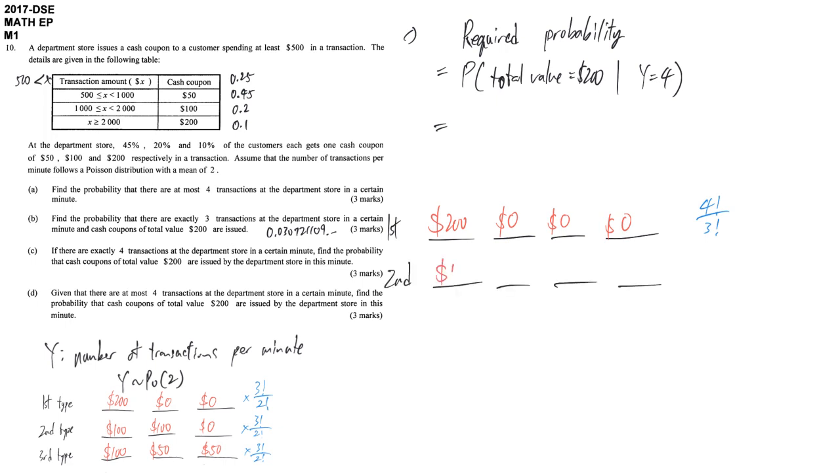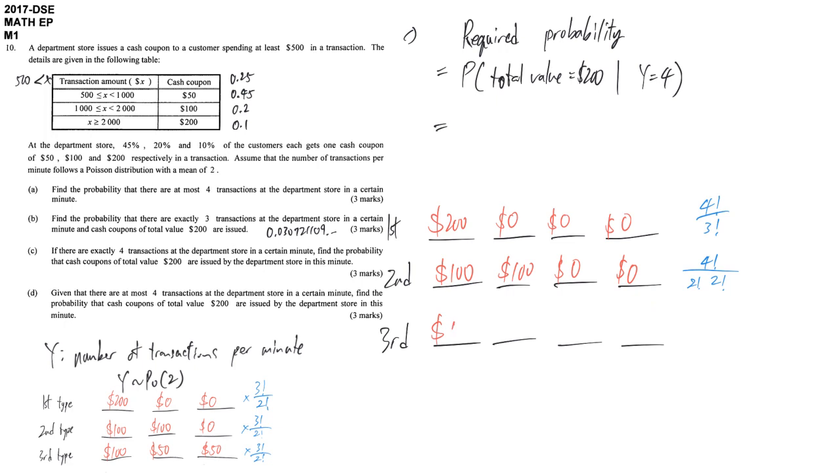Next type may be 100, 100, 0, 0. Again, the number of paths: 4 factorial, divided by 2 factorial because 2 are duplicate, and at the same time the other 2 are also duplicate, so we divide by another 2 factorial.